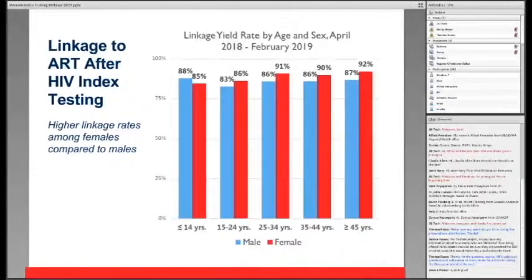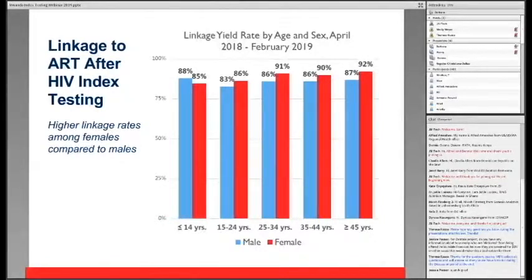All right, what was between males and females? We find that, and perhaps this is not very surprising, there's always a better linkage with the females compared to the males, all right? And we can see through various age bands that the females are better linked compared to the males.